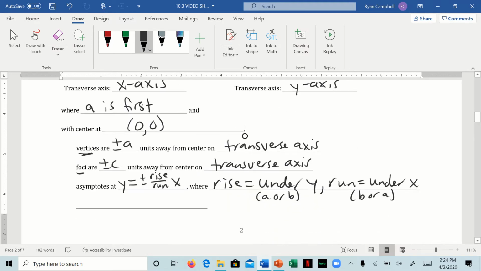This time, we're going to have b squared is c squared minus a squared. So that's different, right? We switch these two because for the hyperbola, the foci are further away. So that one has to go first. For the ellipse, right, the vertices are further away. So that's why it's a squared minus c squared.